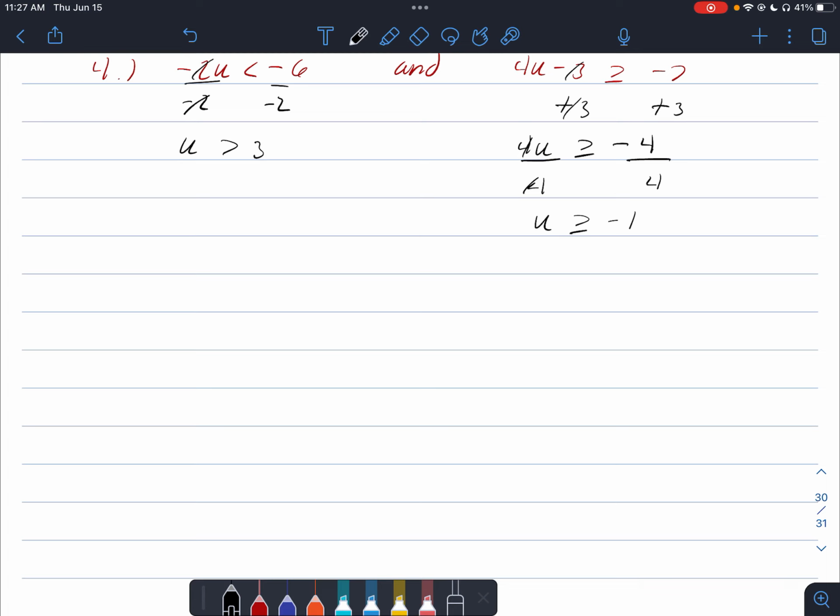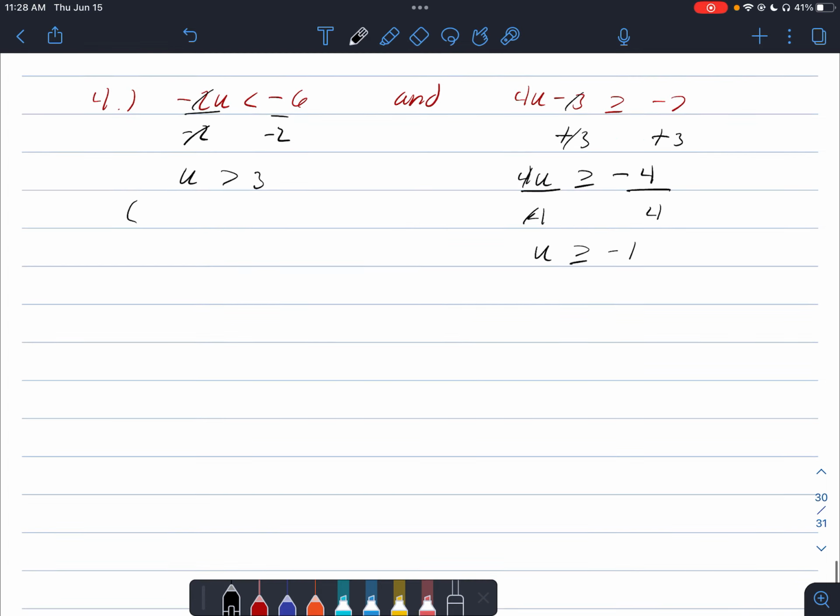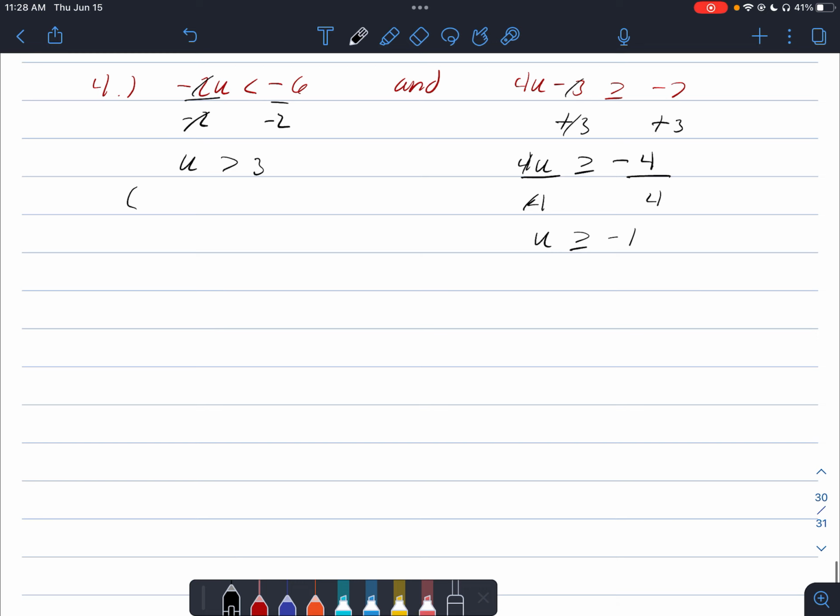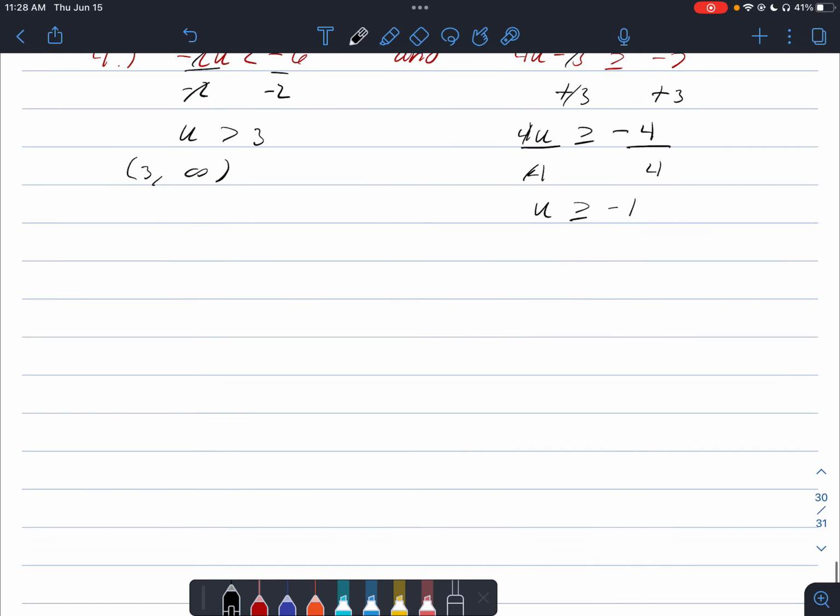Okay, so here we are not including 3, so 3 to infinity. And here we are including the point -1.